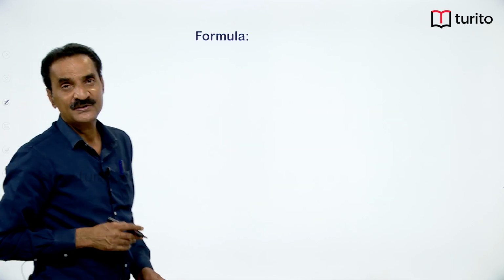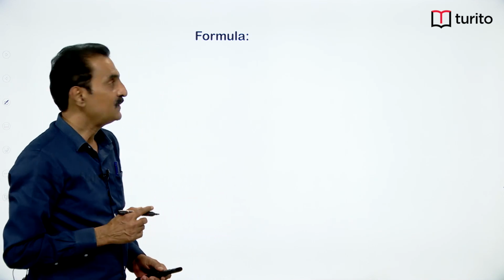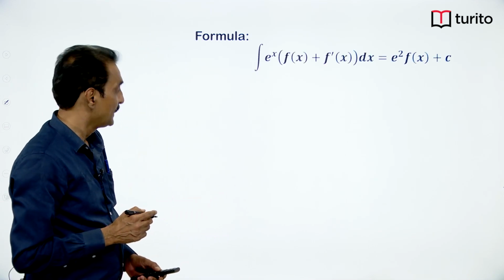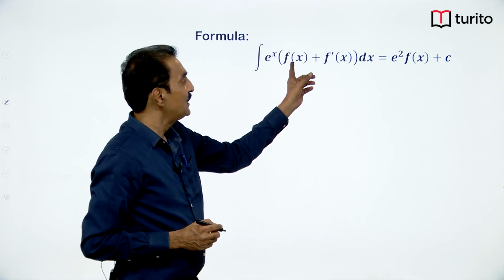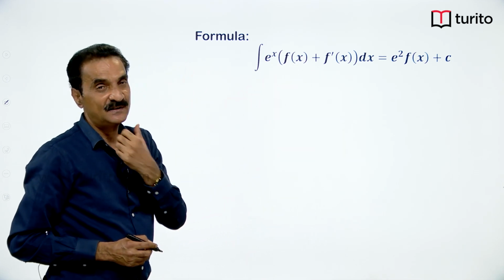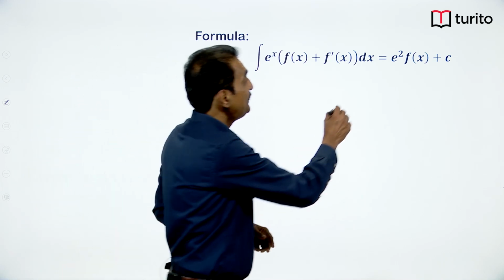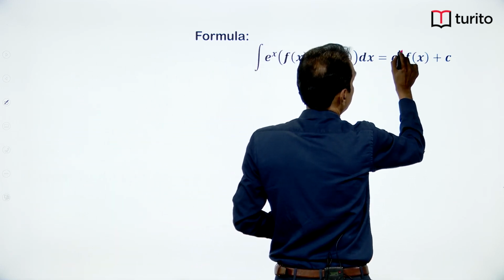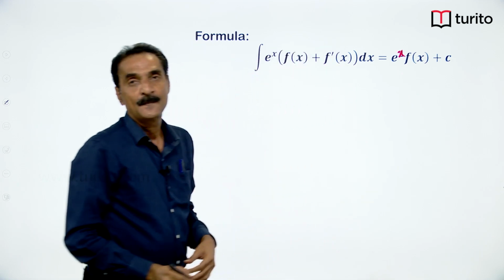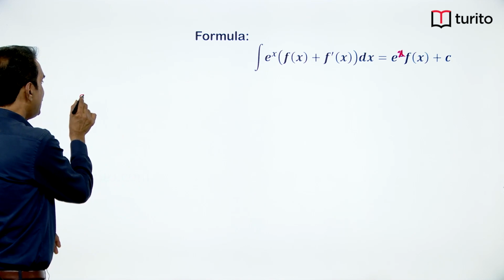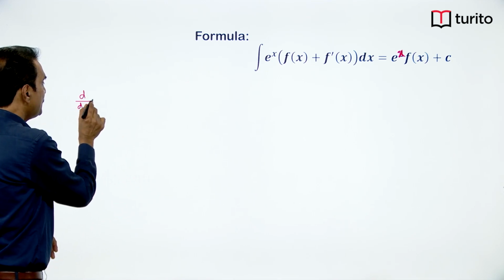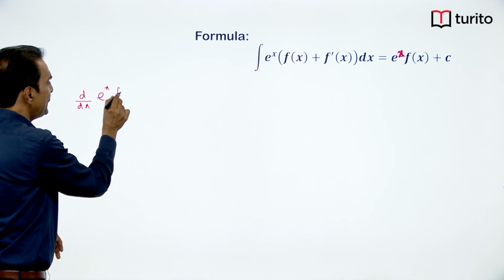Now, we are going to discuss some more formulae. Integral e power x into f of x plus f dash x dx is equal to e power x into f of x. How? You can check the derivative of e power x into f of x.